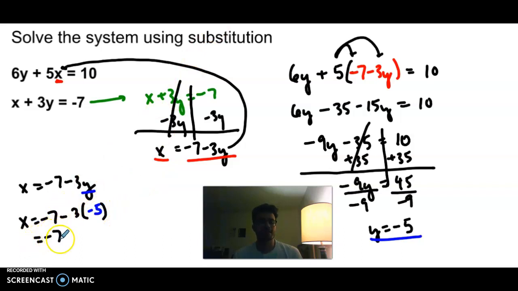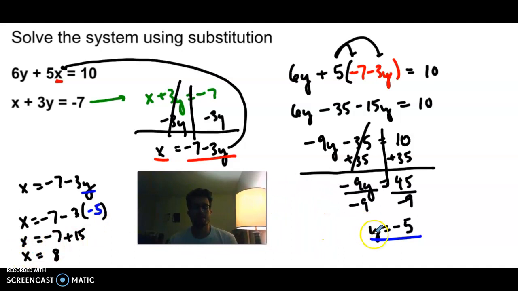So that's negative 7 plus 15, negative 3 times negative 5, which is equal to 8. So now I know that x is equal to 8 and y is equal to negative 5. My solution is, this is my answer.